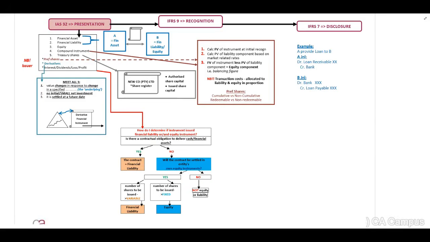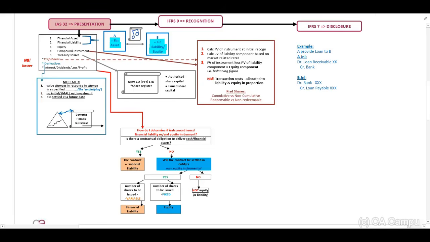Now, the first very important definition is what is a financial instrument. Now, this is a contract between 2 entities that will result in a financial asset being recognized in the one entity's records and a financial liability or equity being recognized in the other entity's records.